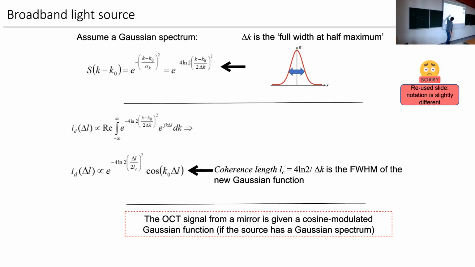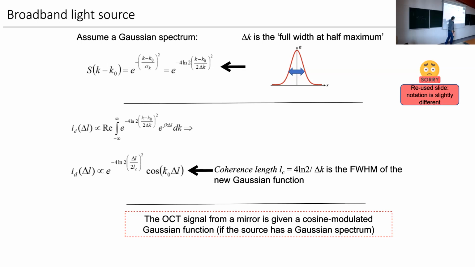Take this Gaussian spectrum and integrate it over the spectrum. The Fourier transform of a Gaussian function is again a Gaussian function. It's convenient, so I can just look in the table how the parameters translate into each other.